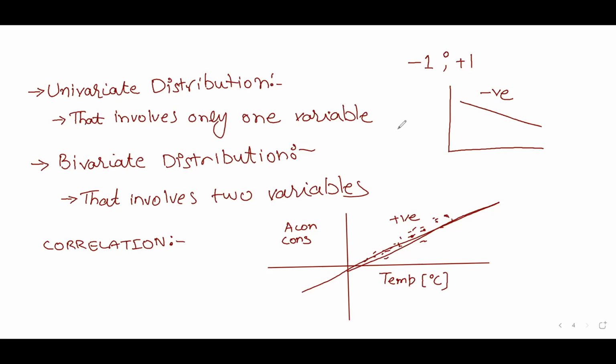So there are two kinds of correlation. It can be linear, or it could be non-linear. To measure the correlation, there are different ways to find it.